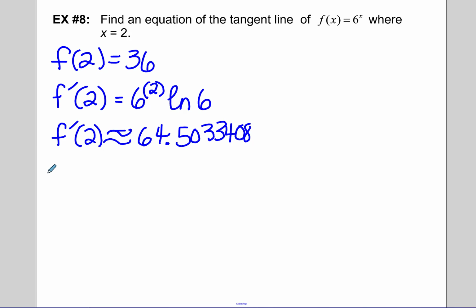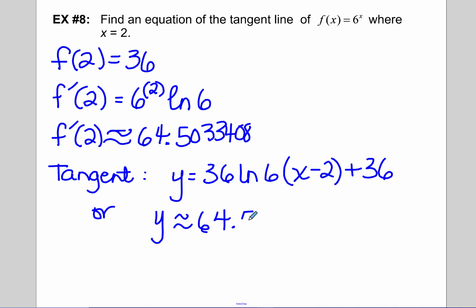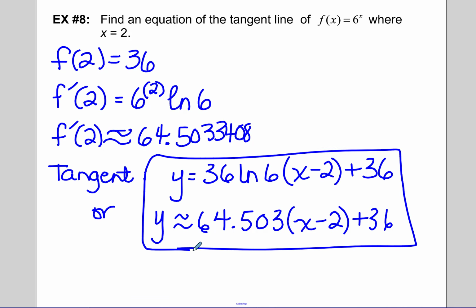The tangent line, exactly if I want the tangent line just written out without approximations, I could have y equals 36 natural log of 6 is the slope, x minus 2 plus 36, or I could give it as an approximation if I needed it, and it would be 64.503 x minus 2 plus 36. And really it just depends on how you needed that format for a number or for a multiple choice.